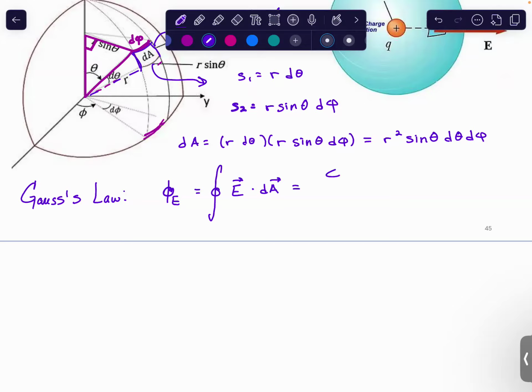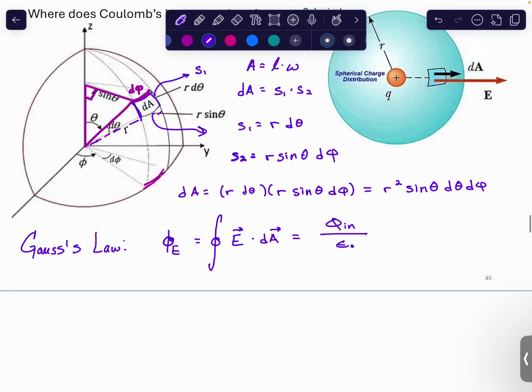And that's going to equal the charge inside your surface over epsilon zero, the permittivity of a vacuum. That's a universal constant, so if you ever see it, you just look it up.